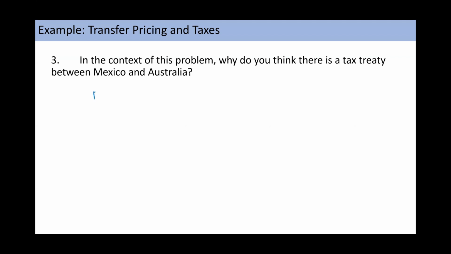So what they're doing is trying to decrease the opportunity to shift income to lower tax jurisdictions. So that was the objective of the tax treaty between Mexico and Australia.